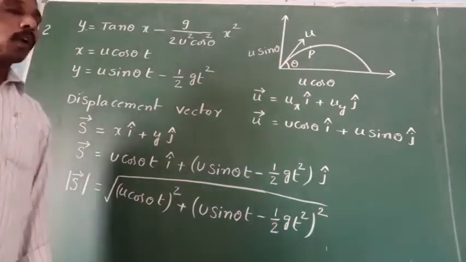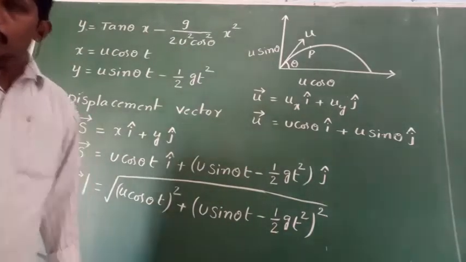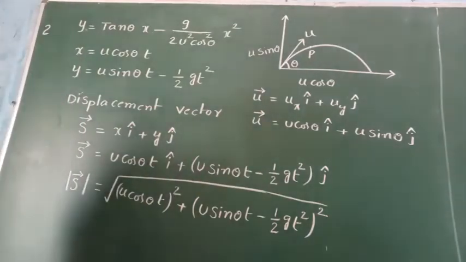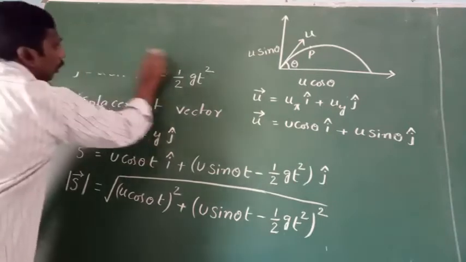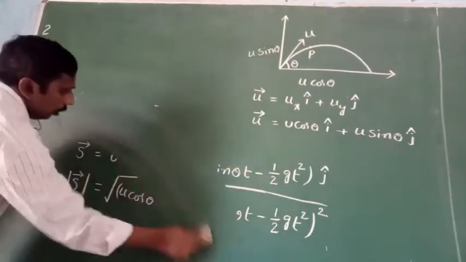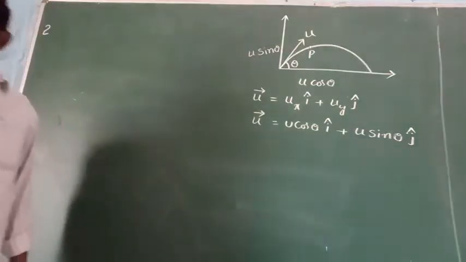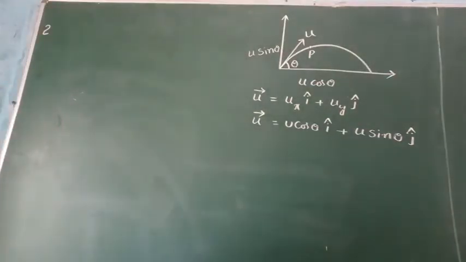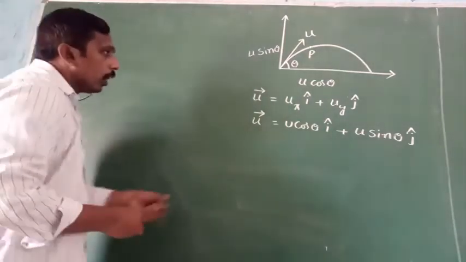Okay. But what about the velocity vector after t seconds? Now we calculate the velocity vector after t seconds. We know the initial velocity.